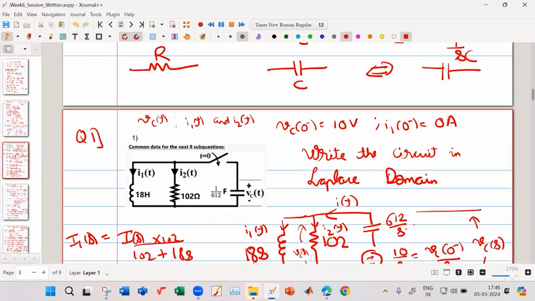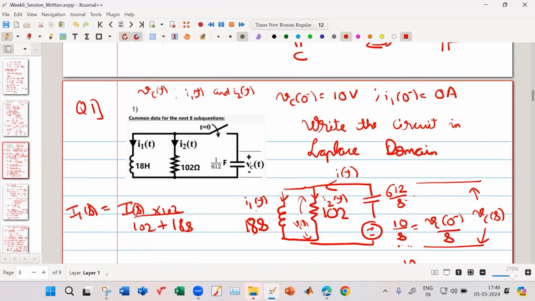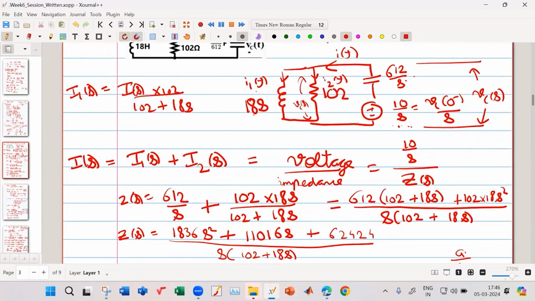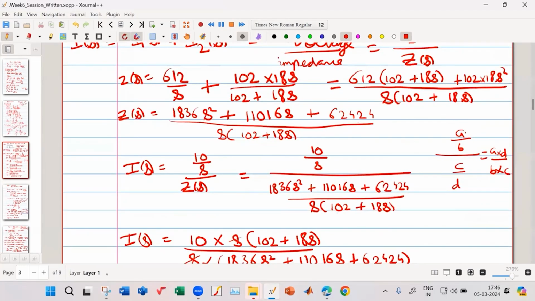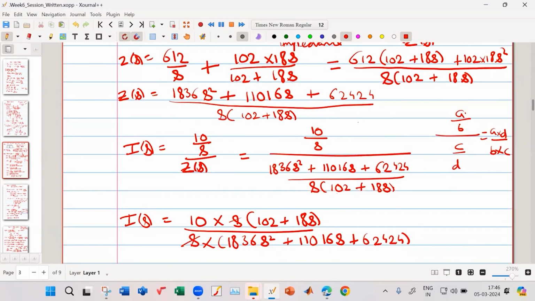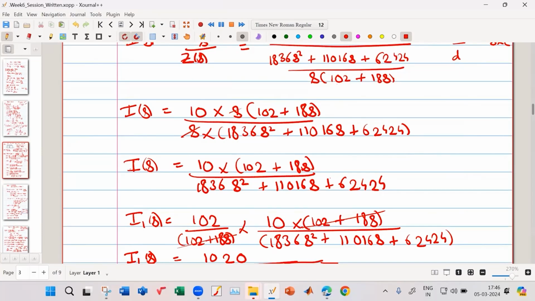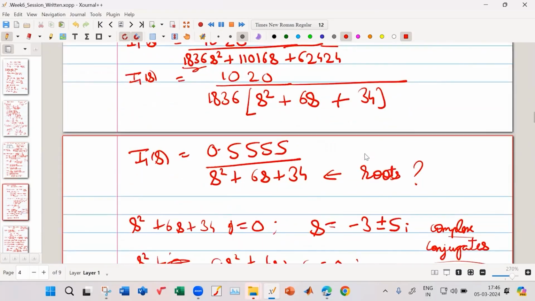Okay. Then we considered this sum where the capacitor had some initial voltage. So we considered that, and then we found the equation, we found the impedance, we found the current. I showed how to do division in case there are fractional forms, how we must do it. Then the current is there, we solved it, it takes some time.